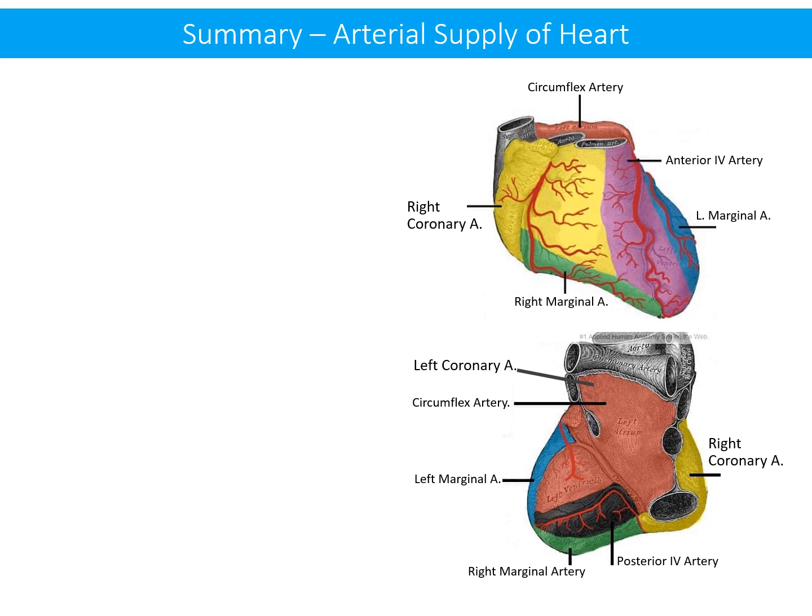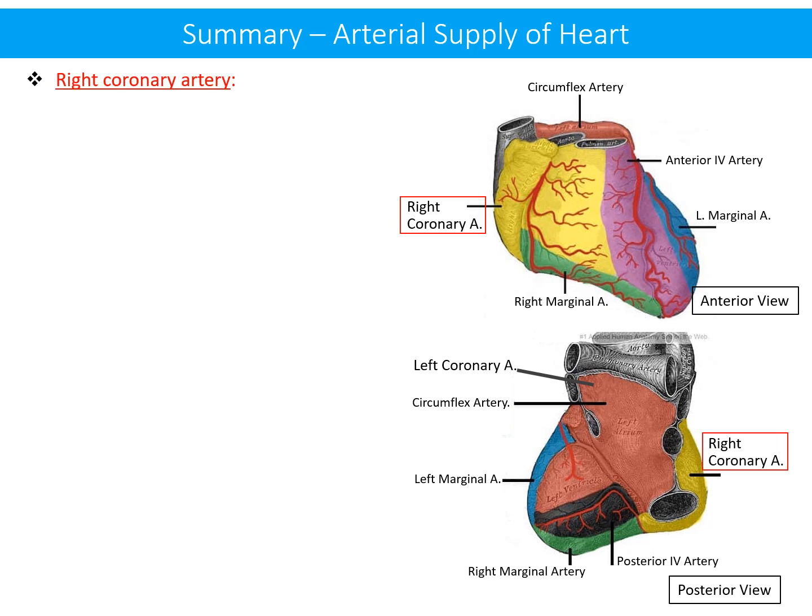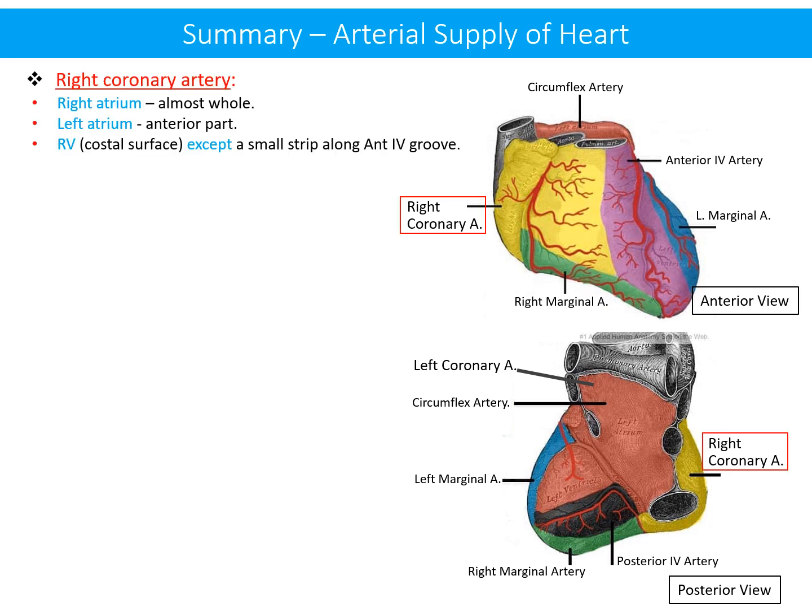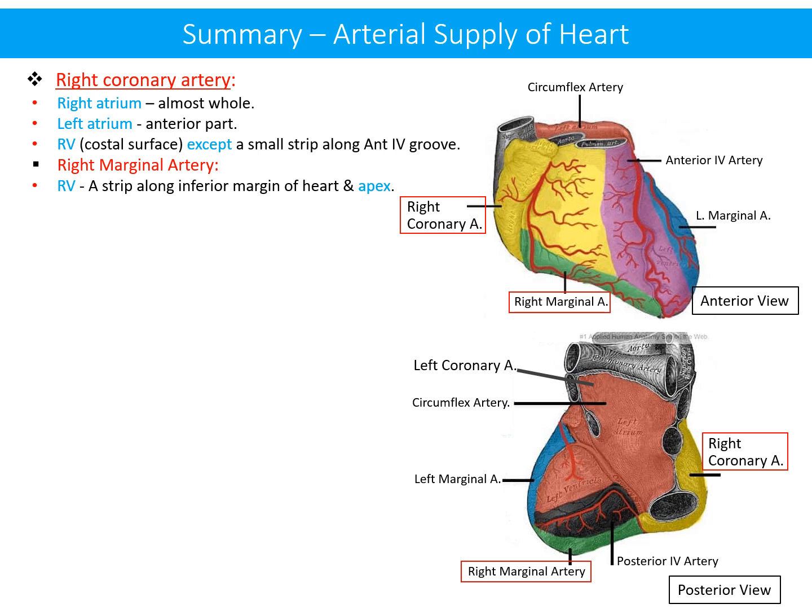Now let us summarize the arterial supply of the heart. The right coronary artery itself supplies almost the whole of the right atrium along with the anterior part of the left atrium and the costal surface of the right ventricle except a small strip along the anterior interventricular groove.